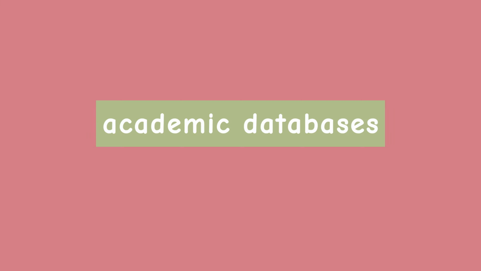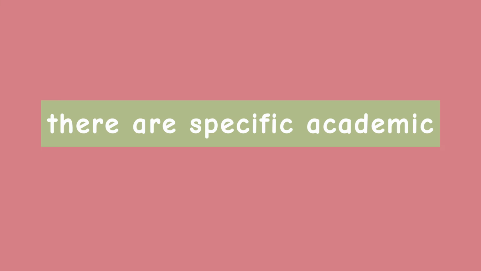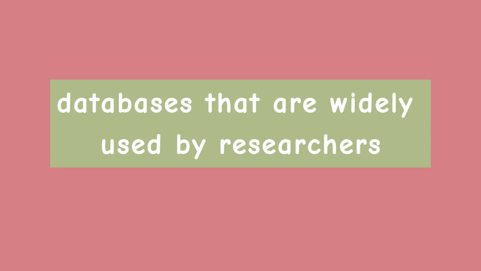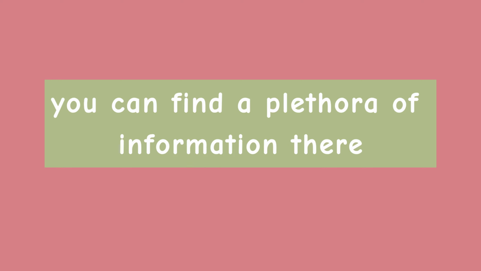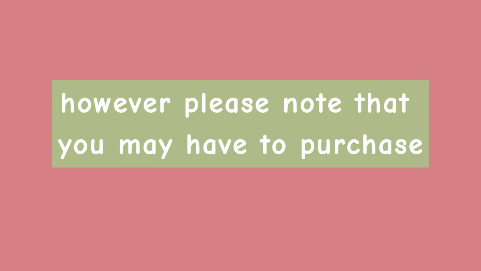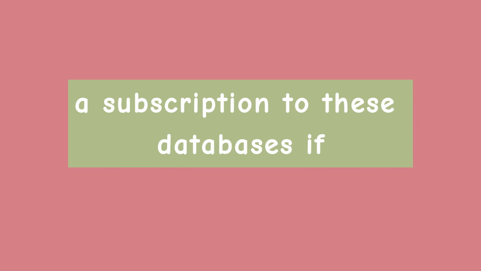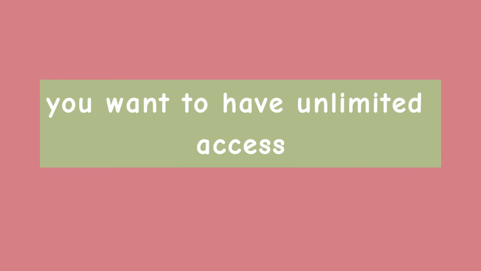Academic databases. There are specific academic databases that are widely used by researchers. The best example of these is JSTOR. You can find a plethora of information there. However, please note that you may have to purchase a subscription to these databases if you want to have unlimited access.